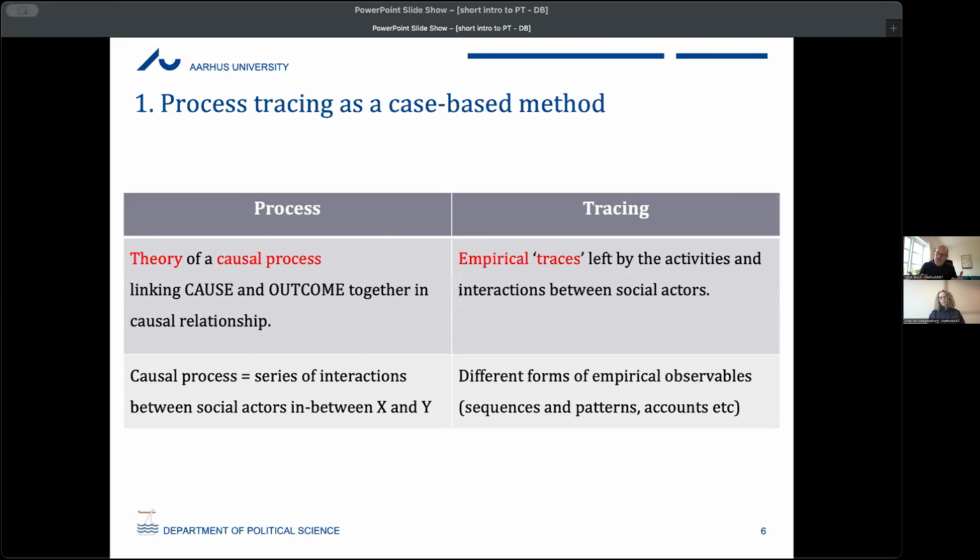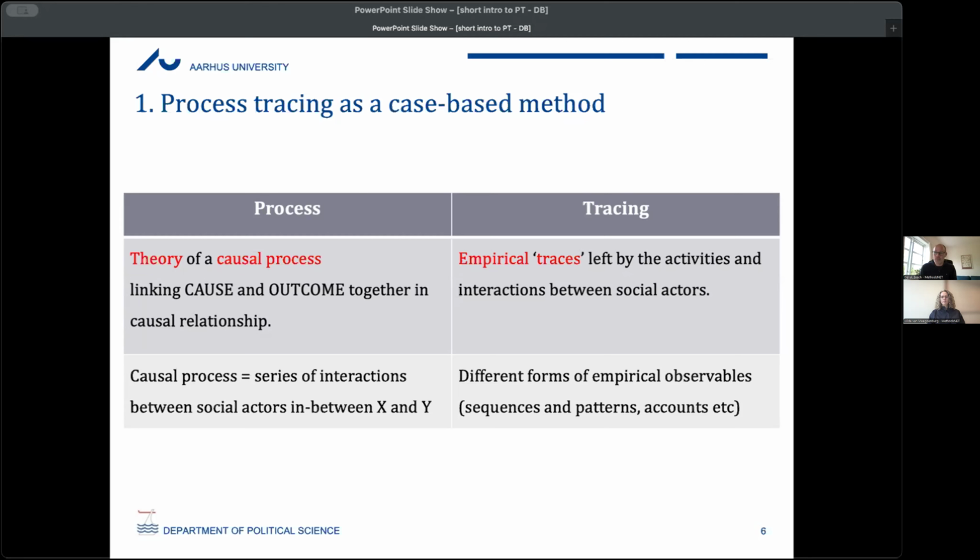But you have some theory of a causal process linking a cause and outcome together in some form of causal relationship. And Hilde will come into that in a second. So then your causal process is some kind of interactions between social actors that are linking X and Y together.